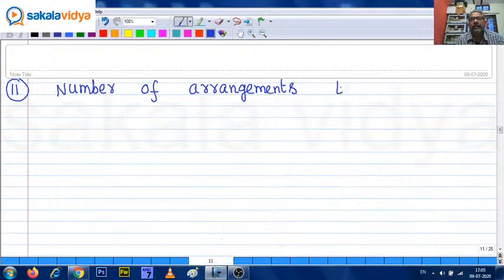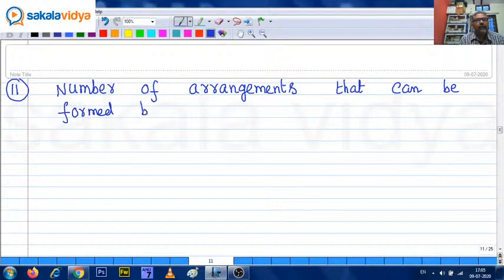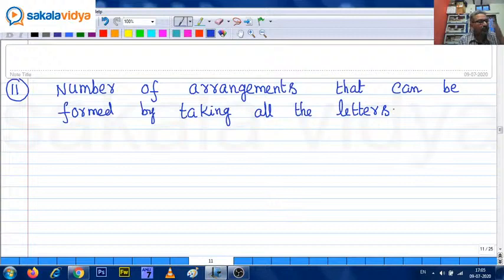Number of arrangements that can be formed by taking all the letters of the word Tenali. You can take any word, but without repetition.